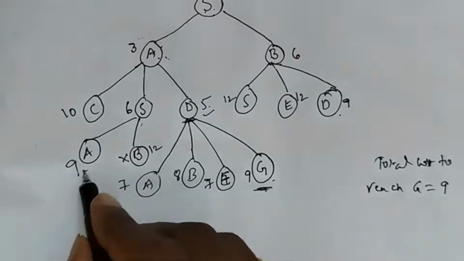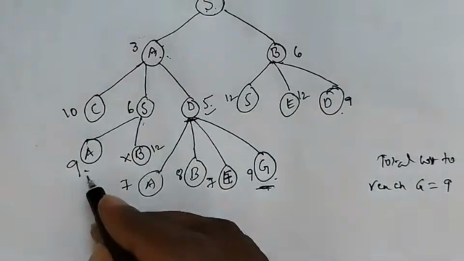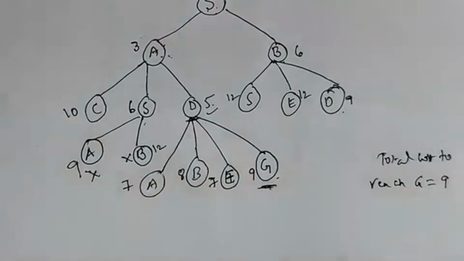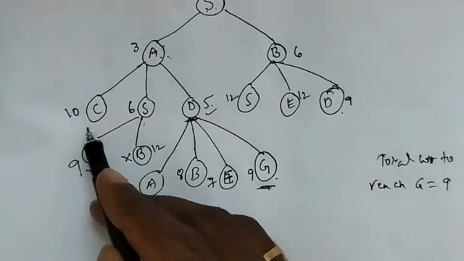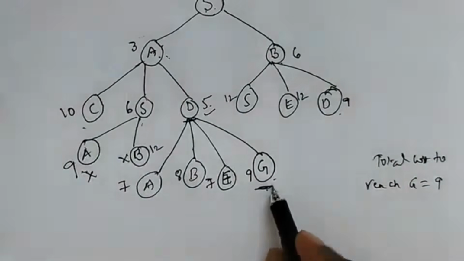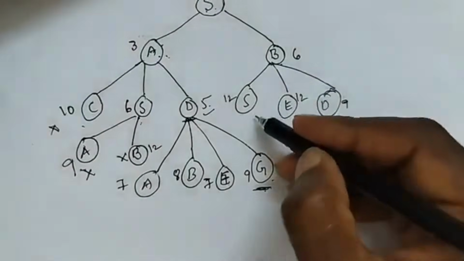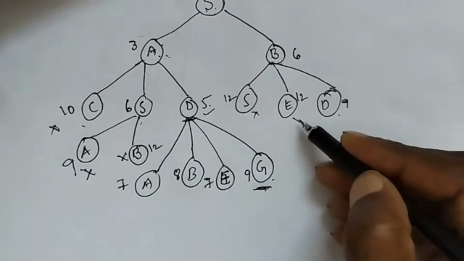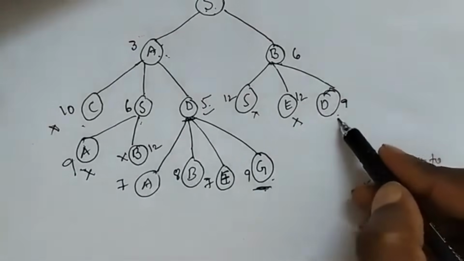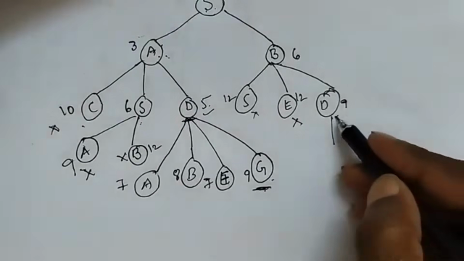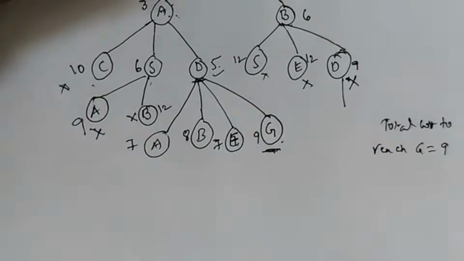It is also equal, but if you extend, that will become more value, so it is also not possible. And what about here? It is already more than the G value, so it is also cancelled, eliminated. Here it is also 12, also eliminated. Here also D is 9. If you extend again, the value will become more, so it is also eliminated.